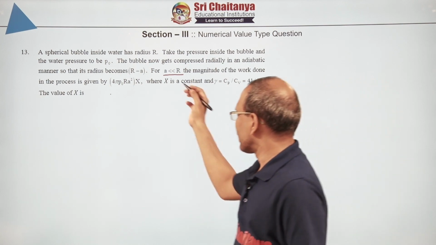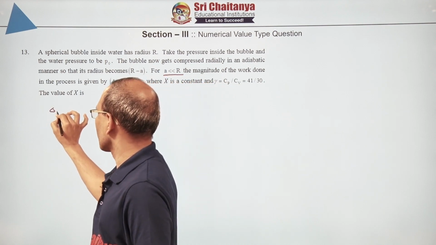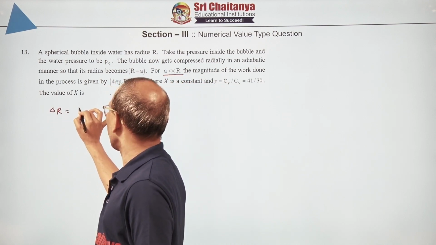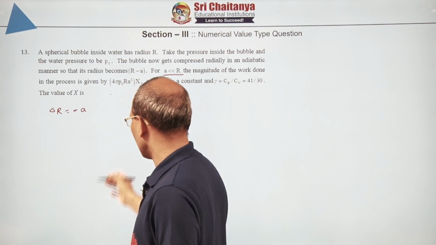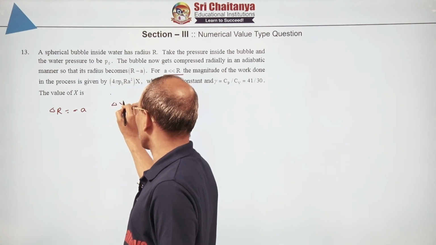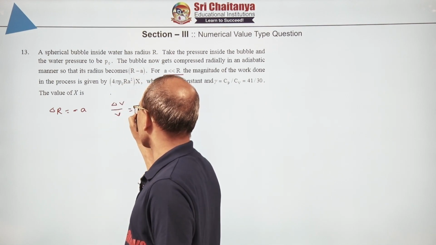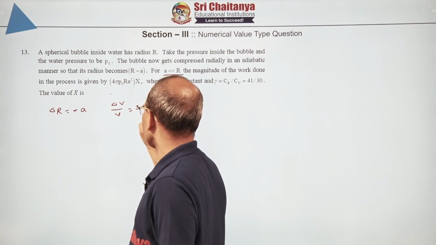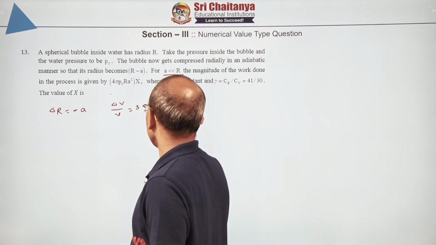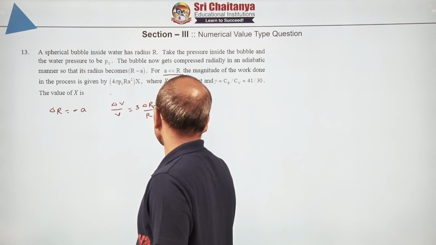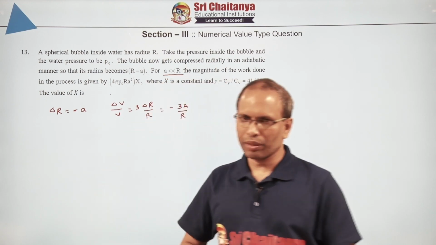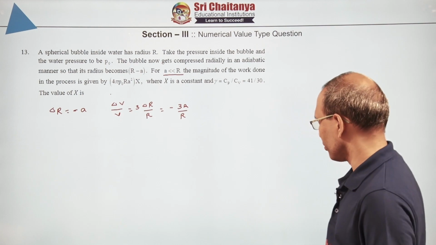So this delta r can be written as minus a. Then the volume change delta V by V can be written as 3 times delta R by R, which is simply minus 3a by R. This is what we can write about delta V.